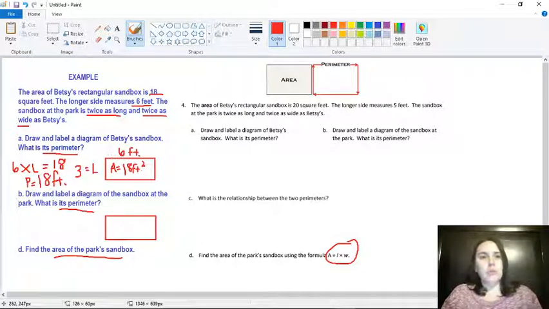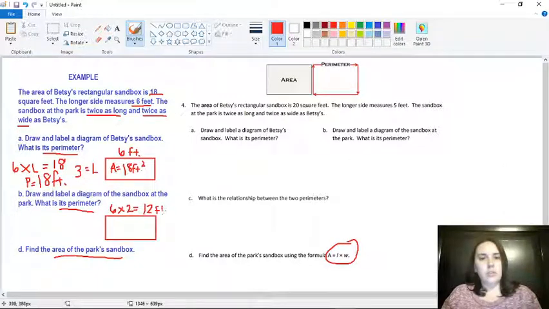So if we know that the long side of Betsy's rectangle is 6 feet, and the long side of the sandbox at the park is twice as long, then we know it's going to be 6 times 2, which is going to give us 12 feet.